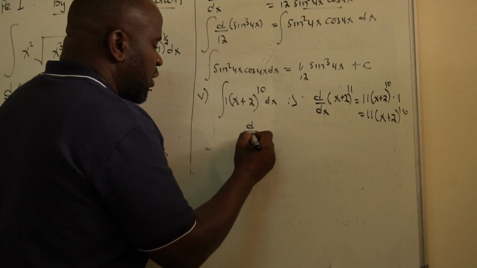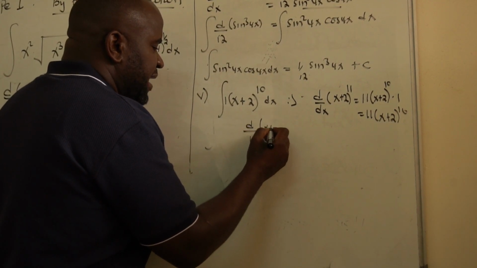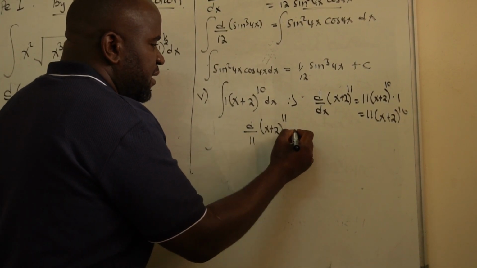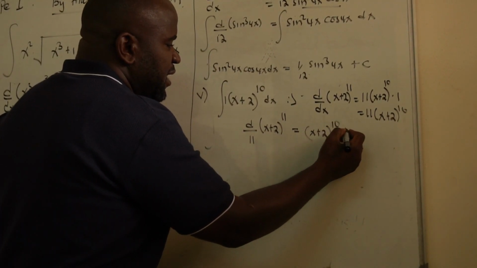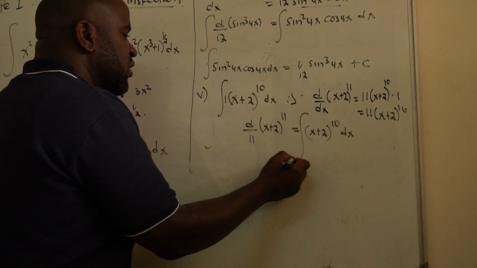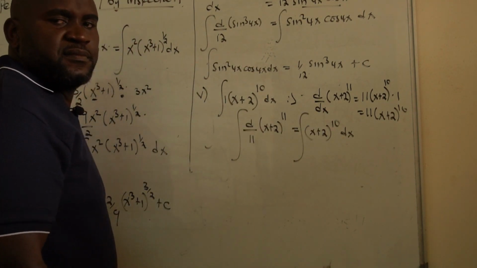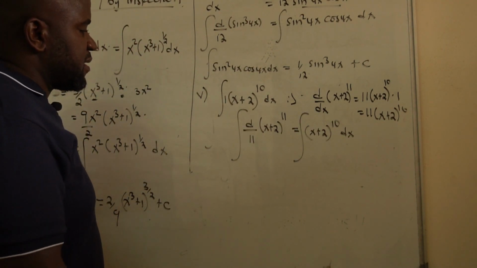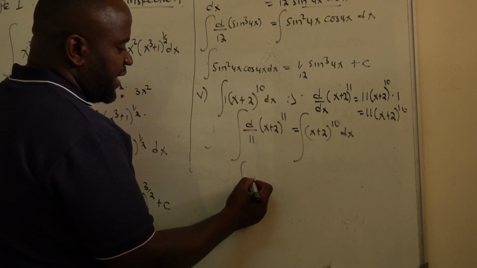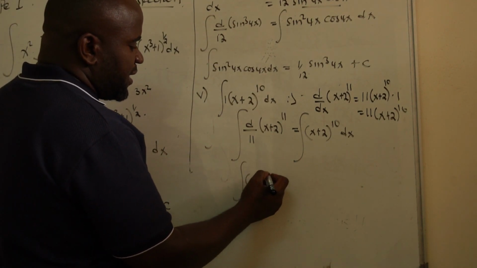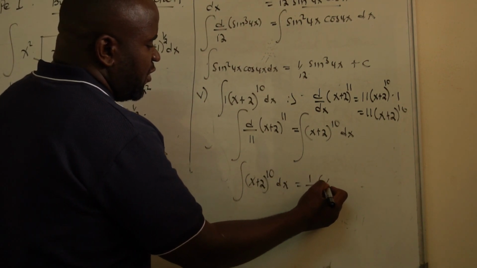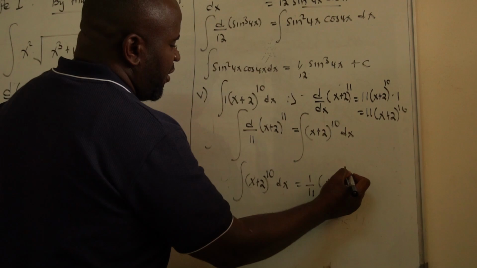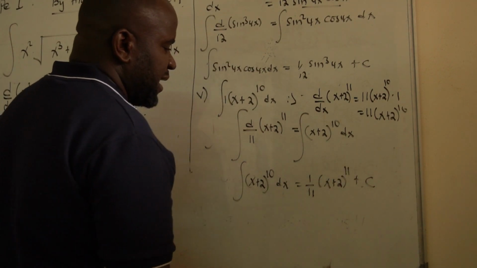You'll have d of 1 out of 11 of x plus 2 to the power 11 is equal to x plus 2 in brackets to the power 10 with respect to x integral. With this, you can definitely have x plus 2 to the power 10 with respect to x. The answer is 1 out of 11 of x plus 2 to the power 11 plus a constant.